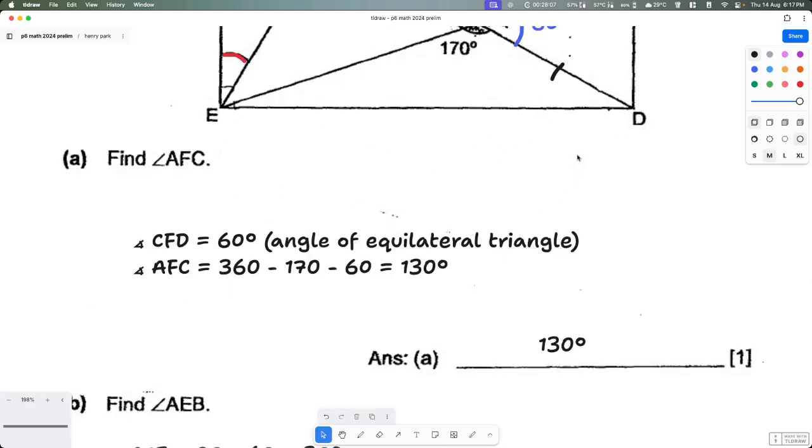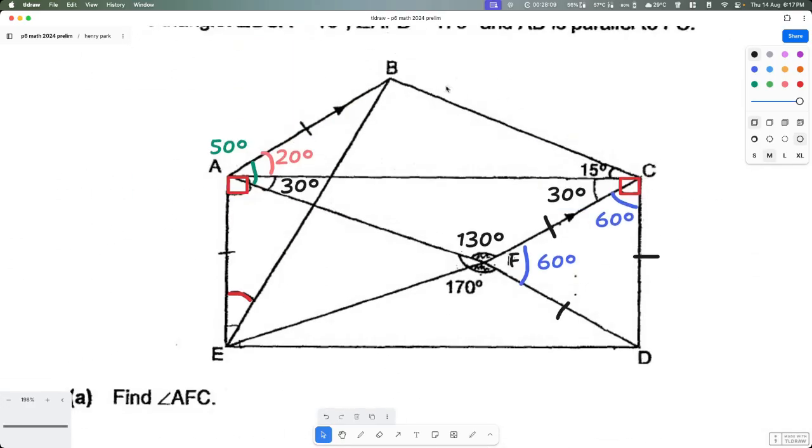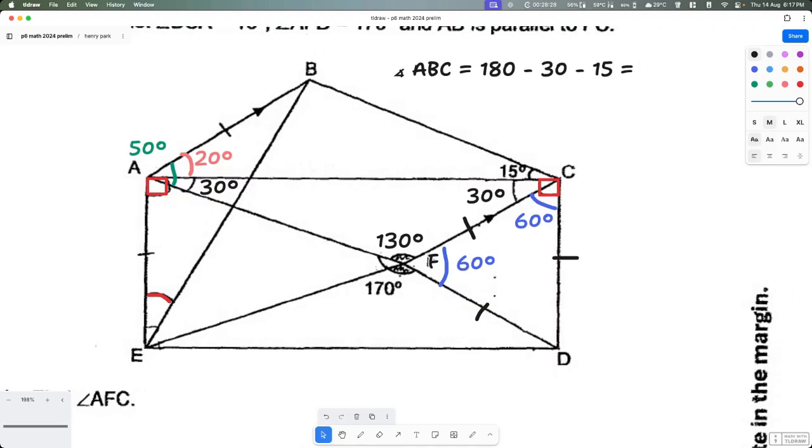So angle ABC is equal to 180 minus 30 minus 15, which is equal to 135 degrees.